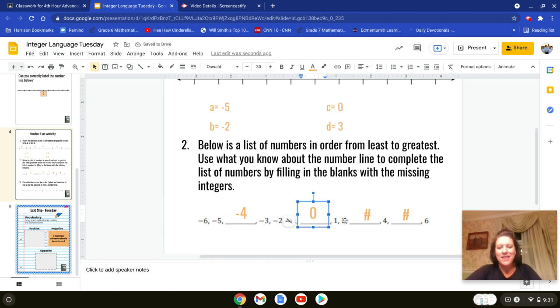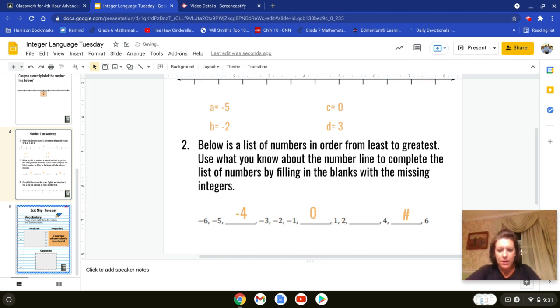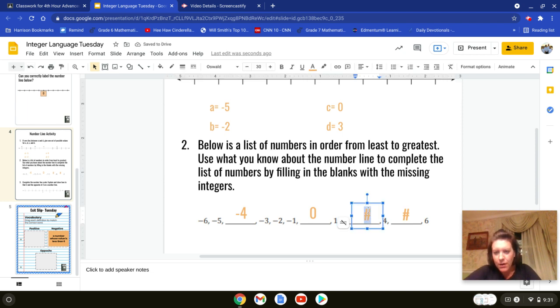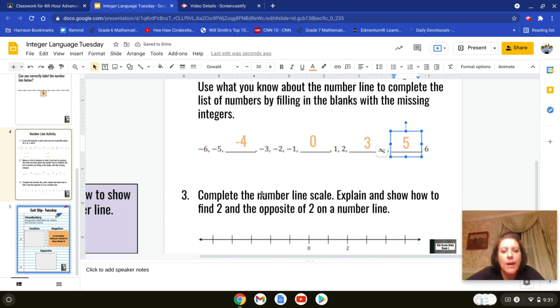Then 1 and 2 are positive, and 3 is next. So we put in our 3. Uh-oh, I undid that box, so I'm going to hit undo and put my little box back. All right, 3, 4, and then what would be next? 5 and 6. So I just wanted to go over with you what I expected there.